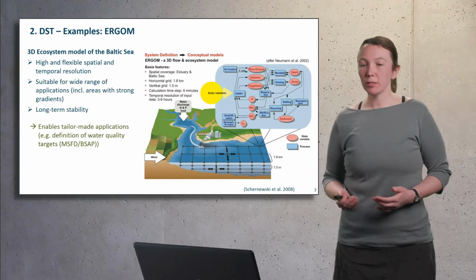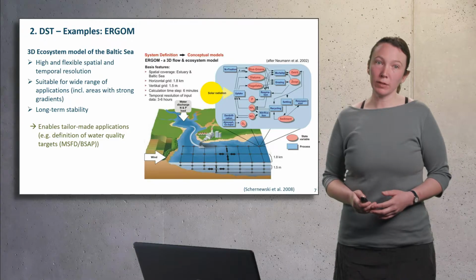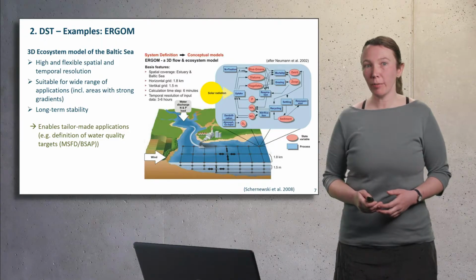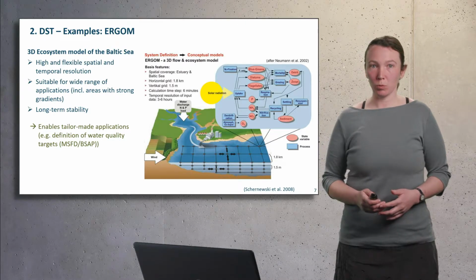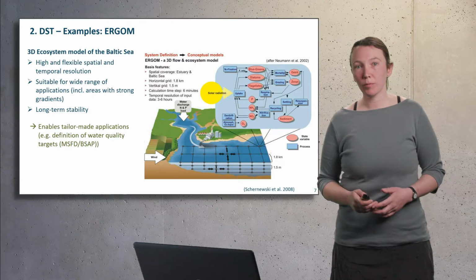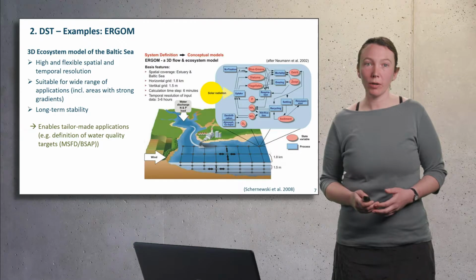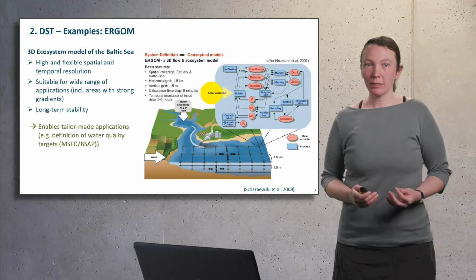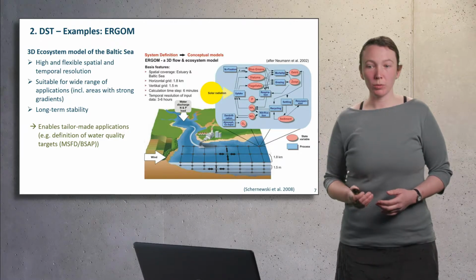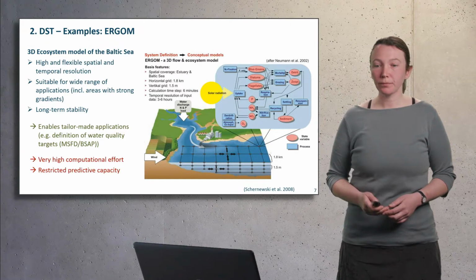And this brings the benefits that it enables tailor-made applications. For example, it was used to determine water quality targets for the Marine Strategy Framework Directive, but it was also used for ICZM case studies, as you will see later in this presentation.